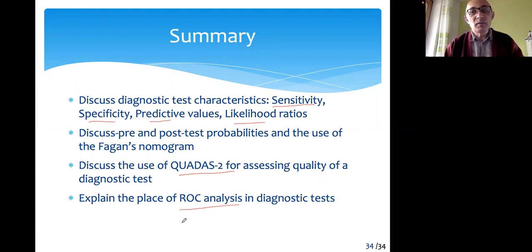If we have a continuous measurement, if we have a numerical measurement, and we would like to know which cut level, which measurement is the best to achieve a high sensitivity together with a high specificity, the highest possible sensitivity plus specificity levels, which was calculated in our examples with the likelihood ratio, but there are other possible ways to calculate, like I have shown in the Excel document, the Youden index.